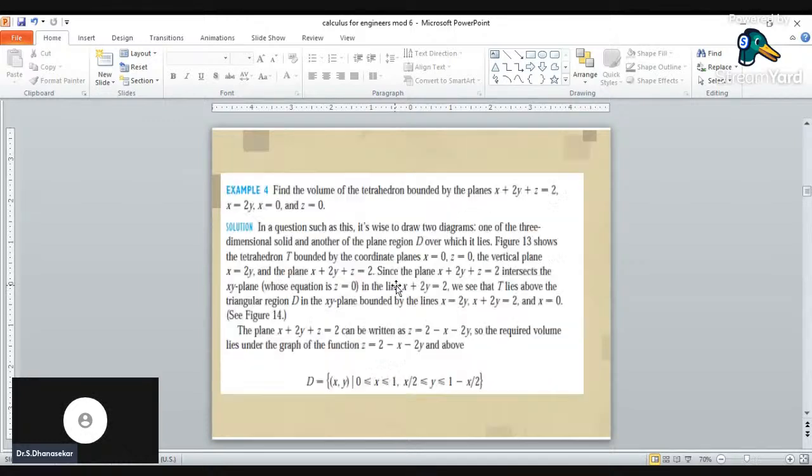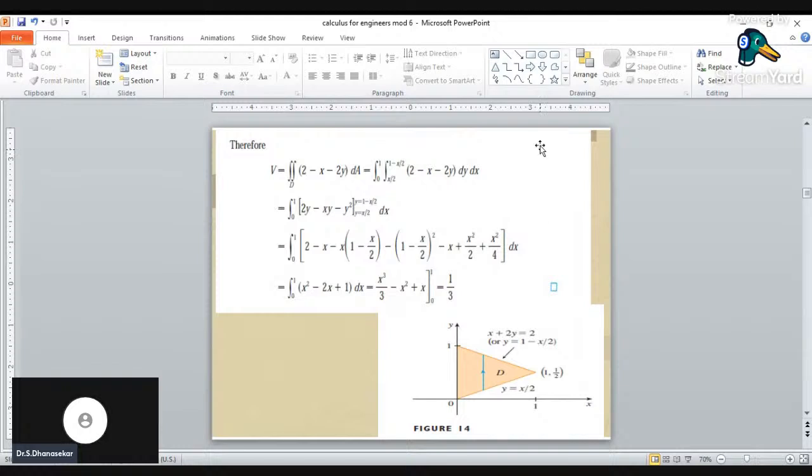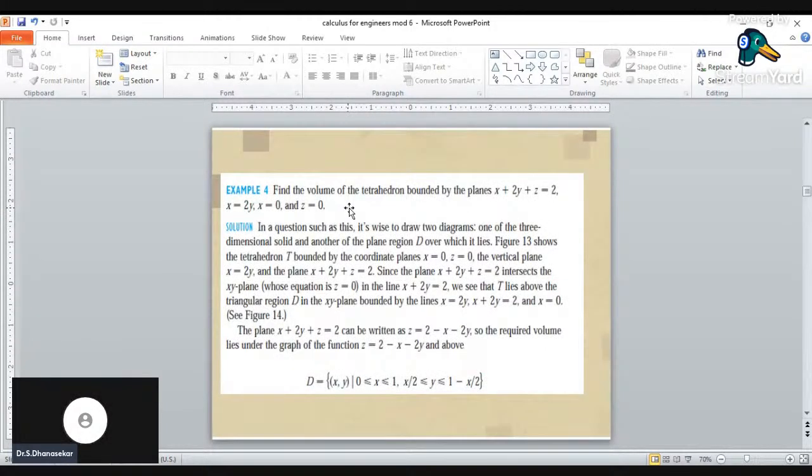Now, I hope you don't have any doubts in this, right? See here also, when I go for this problem: find the volume of the tetrahedron bounded by the planes x plus 2y plus z equal to 2, x equal to 2y, x equal to 0, and z equal to 0.